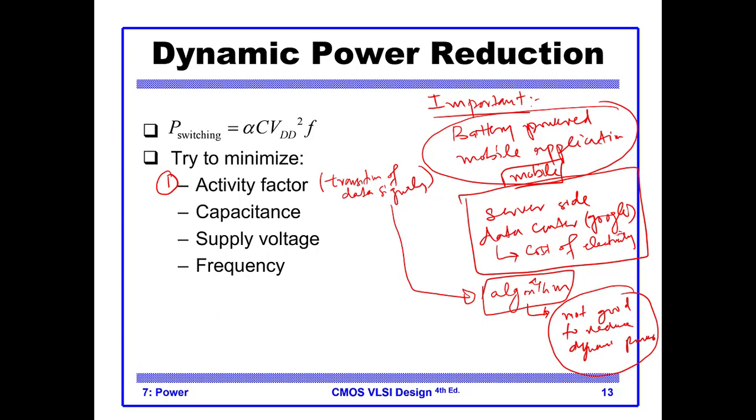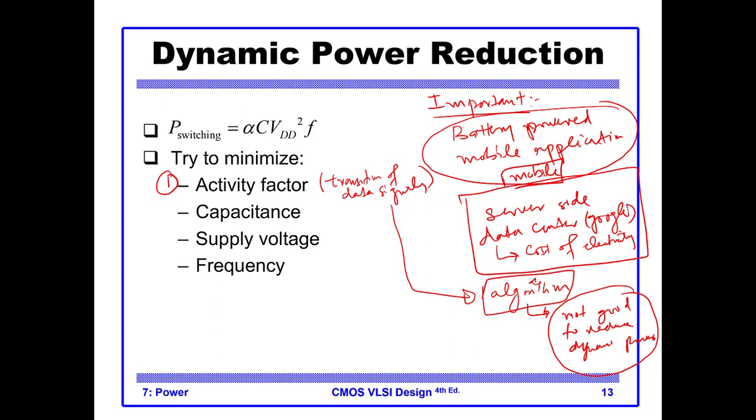Maybe the recursion one has less data transitions than algorithm 1. But from the perspective of a circuit designer, this is not what circuit designers do. This is what software developers do. So we say that the activity factor is coming from the software world and it's not in our control.